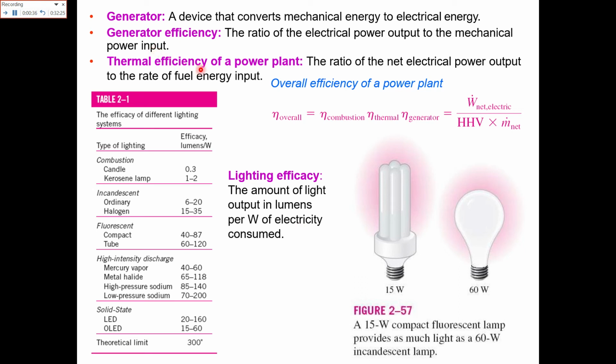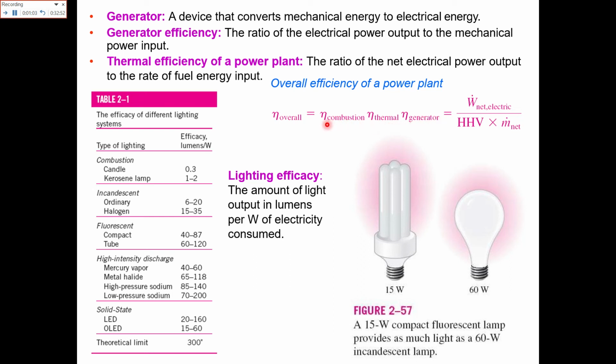The thermal efficiency of a power plant is the ratio of the net electric power output to the rate of fuel energy input. The overall efficiency of a power plant equals the combustion efficiency multiplied by the thermal efficiency multiplied by the generator efficiency.